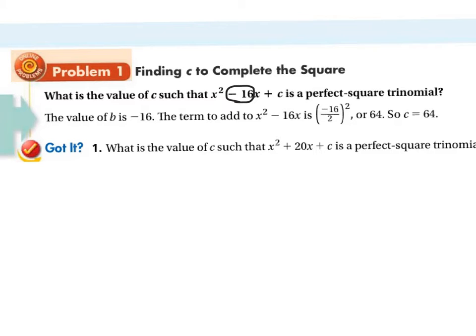And so like we talked about a minute ago, if you take half of that and square it, that's going to be our c value. So half of negative 16 would be negative 8. And then if you square it, negative 8 times negative 8 would be a positive 64. So c equals 64 for that problem.